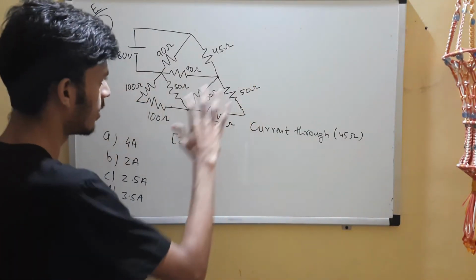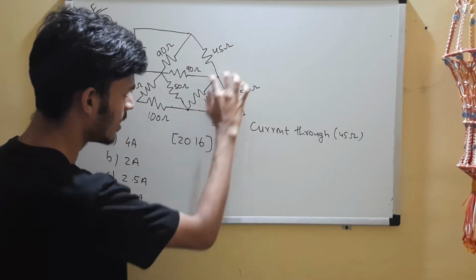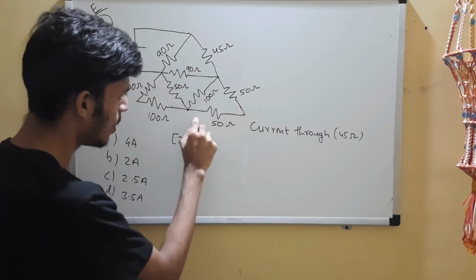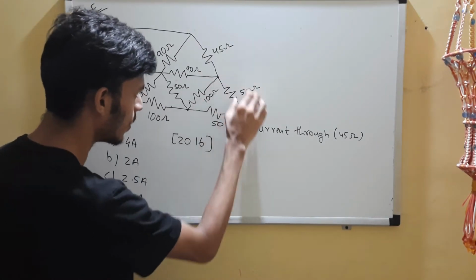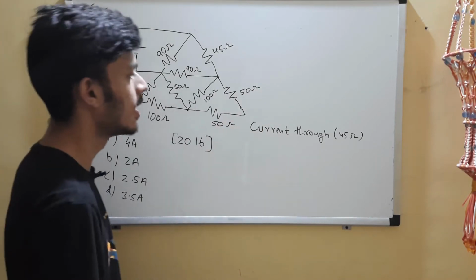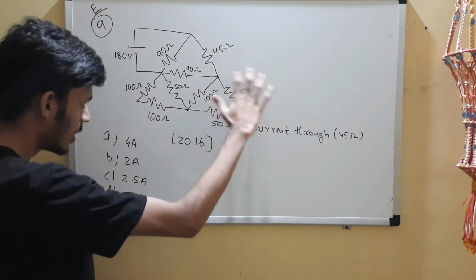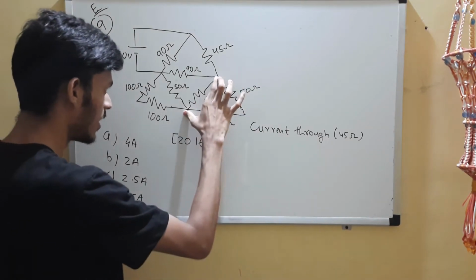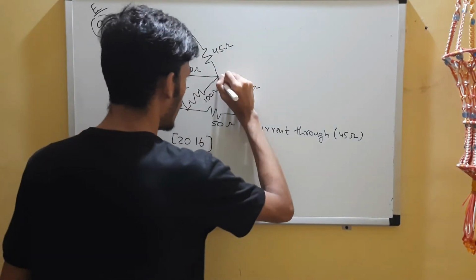Here you can see that we'll start from here. 50 ohms and 50 ohms are in series combination, right, connected end to end. Same current passes through both, so they are in series combination. So just add them, 50 plus 50, 100, and now this 100, this 100 and this 100 are in parallel combination, connected across the same potential difference.